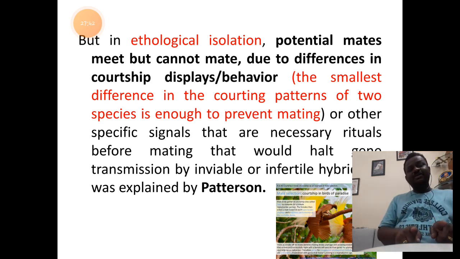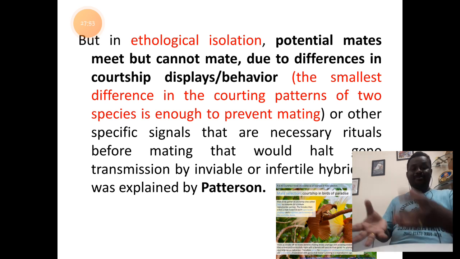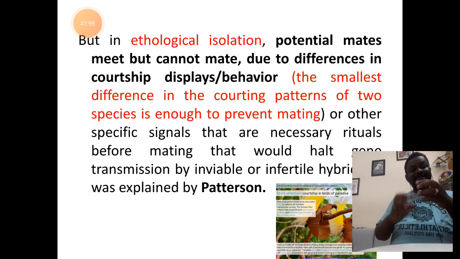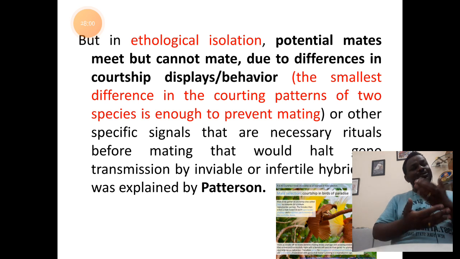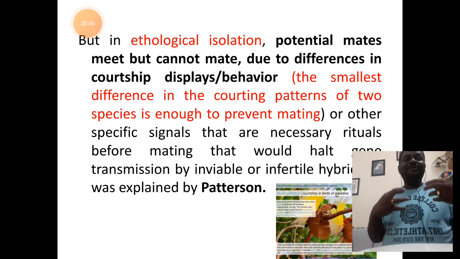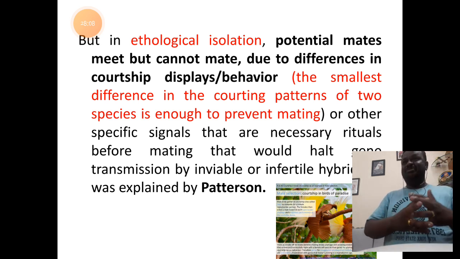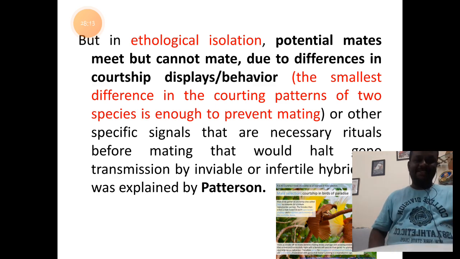So if courtship behavior is very perfect, then it allows the genes which bring viable and more fertile hybrids. If there is any difference in the signals, then it will stop the transmission of such genes, so that inviable and infertile hybrids are formed. So courtship behavior is very, very important, Patterson says.